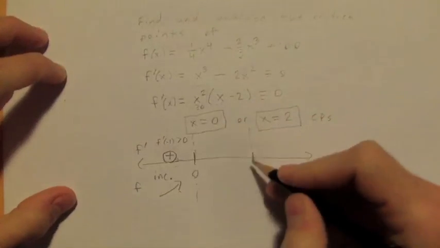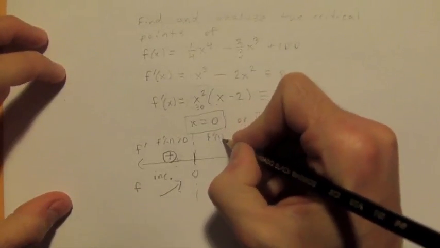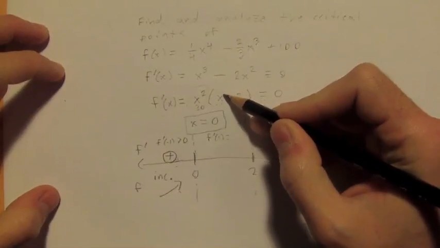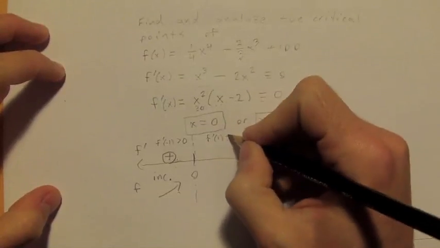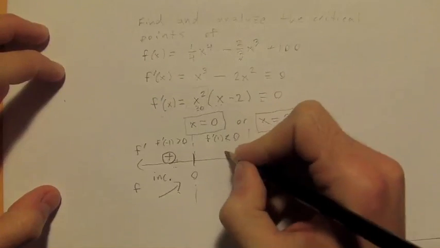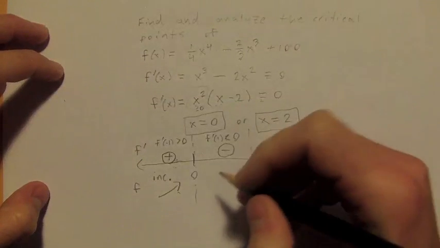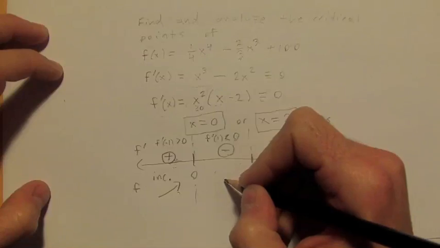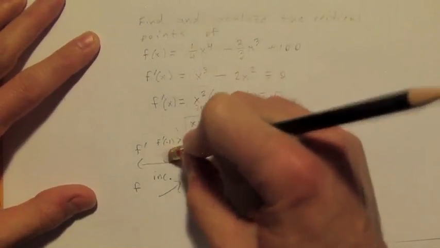Now, between 0 and 2, let's say I put in something like 1. Let's look at f prime of 1. Well, this, again, is always positive, but if I put in 1, I get 1 minus 2, which is negative, so let's just say that's negative. Sorry, I completely messed this up back here.